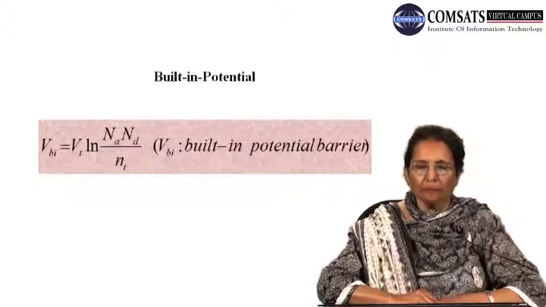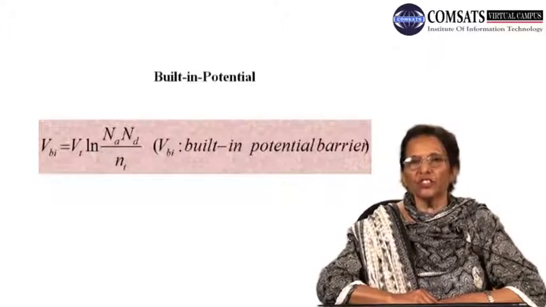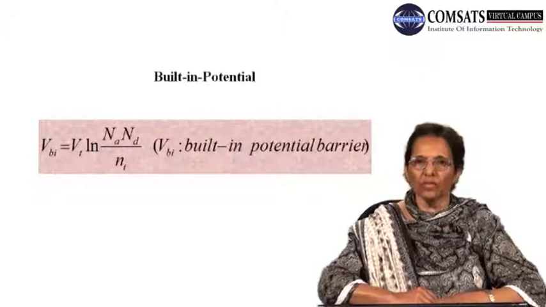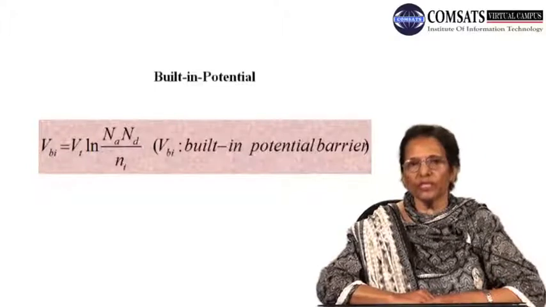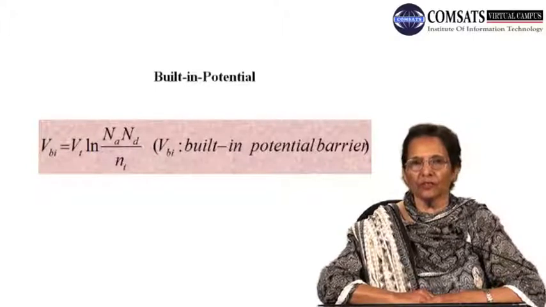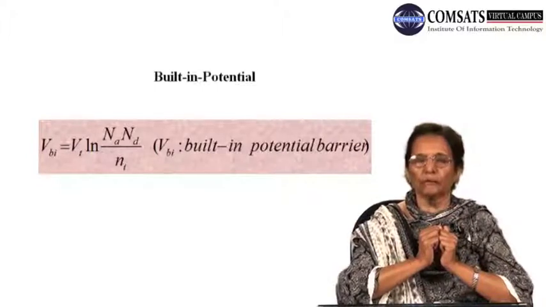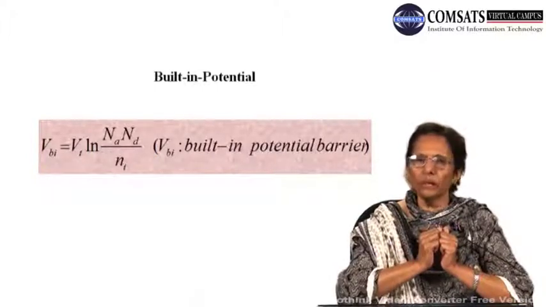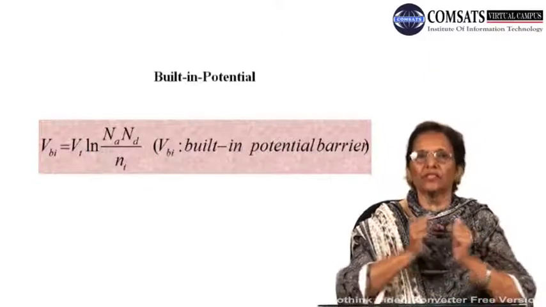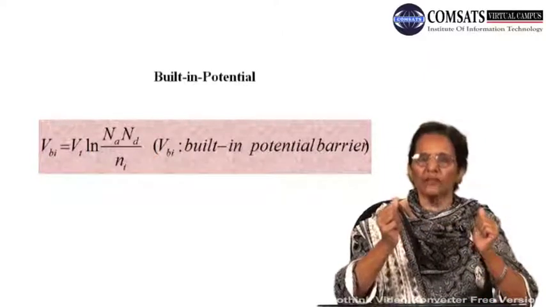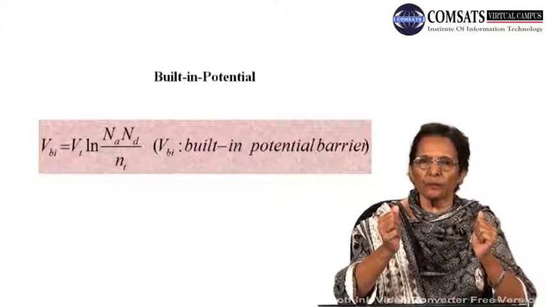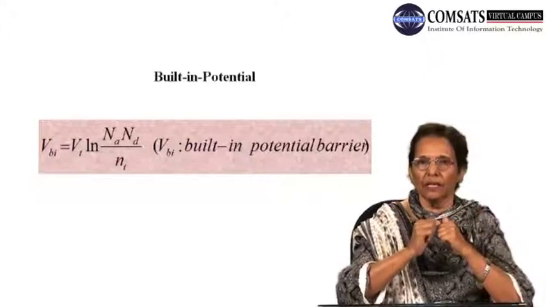Please look at the denominator. There is a term Ni square. What is Ni square? Ni square is the intrinsic carrier concentration. Let me explain this term at this point. When the material was not doped, that is, it was pure, and we have another name for the pure semiconductor material, which is intrinsic.